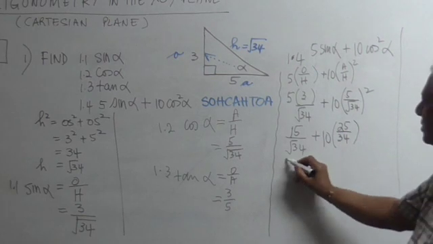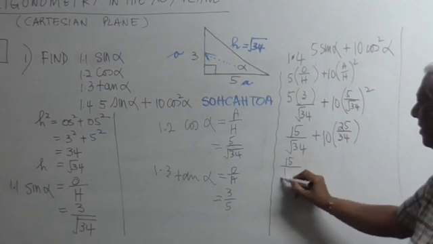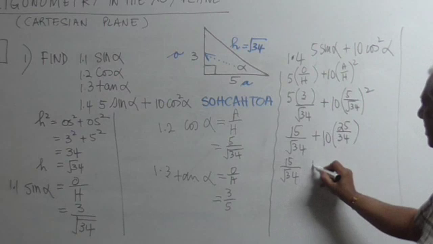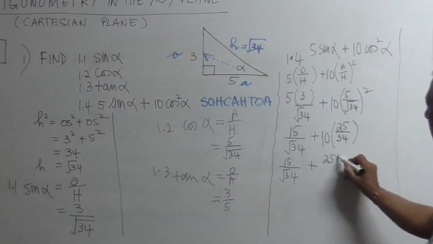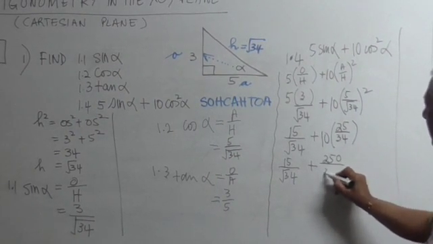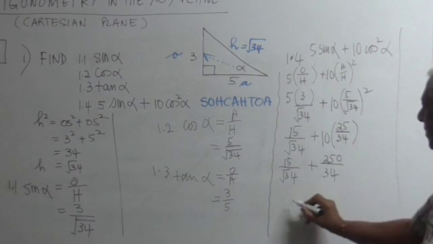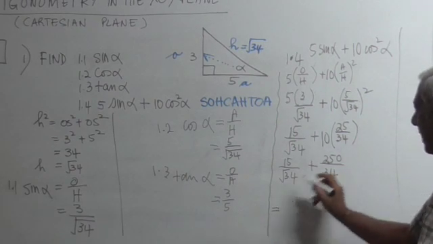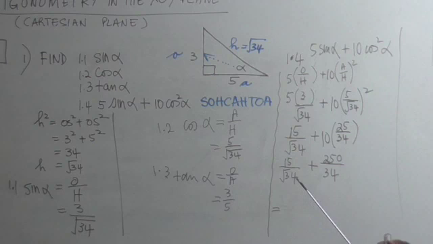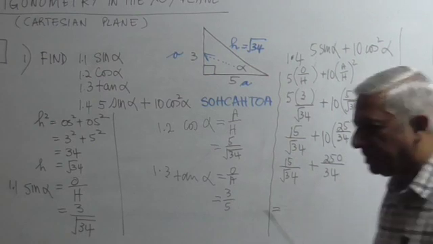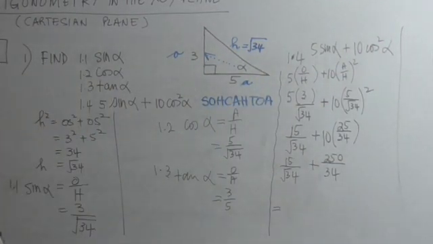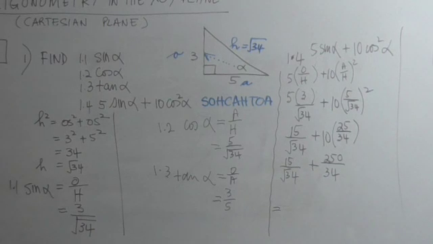And that simplifies to 15 over root 34 plus 250 over 34. And you can put that in the calculator and get the answer. So let me just go and put that into the calculator and see what answer we get. Okay.